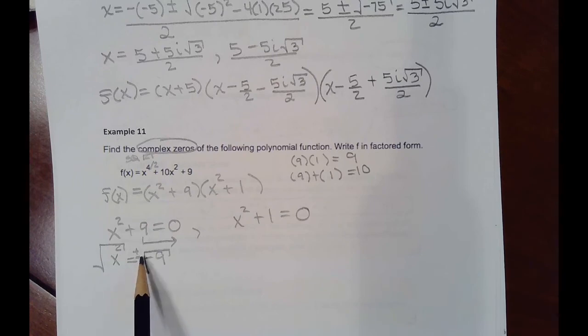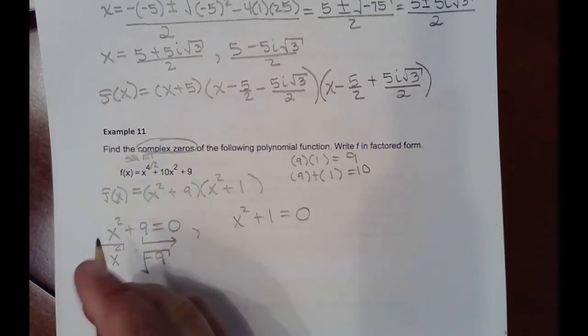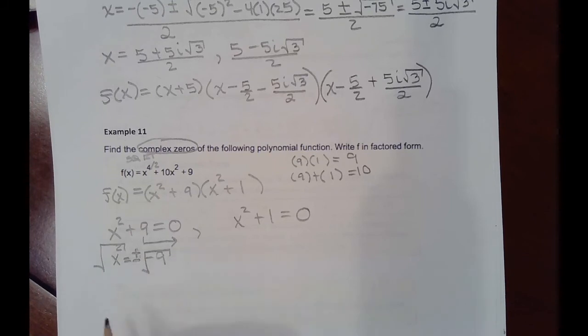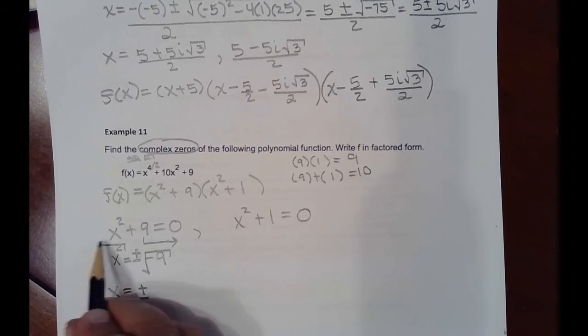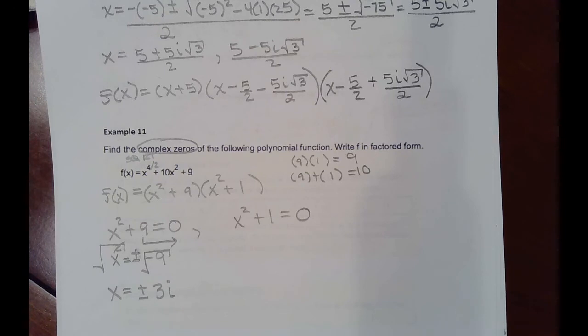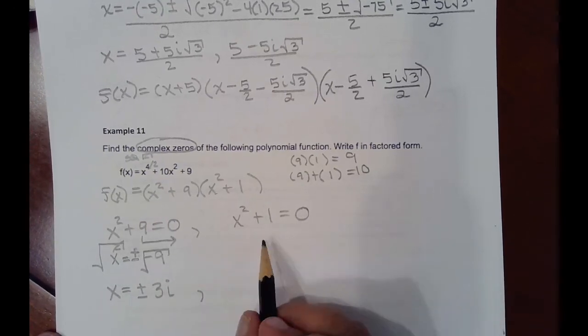Must report both the positive and the negative root. Let me write this a little nicer. Okay, so this is plus or minus. The square root gets rid of the square, and this is plus or minus 3i. So we have two imaginary solutions, two complex solutions, or complex zeros as they call it.